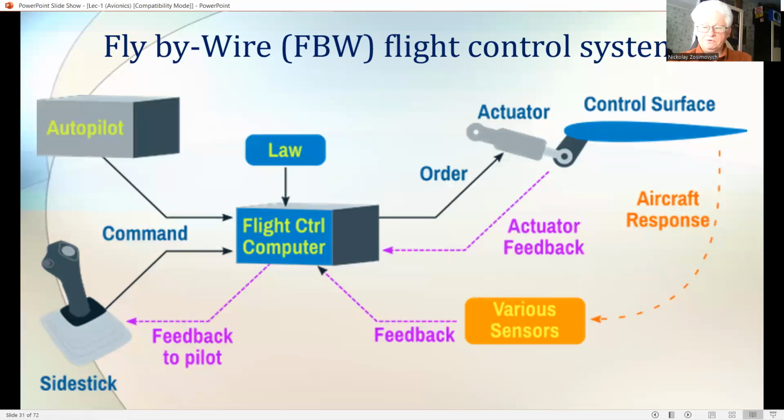Fly-by-wire, FBW, flight control system. FBW flight control enables a lighter, higher performance aircraft to be produced compared with an equivalent conventional design by allowing the aircraft to be designed with a reduced or even negative natural aerodynamic stability.